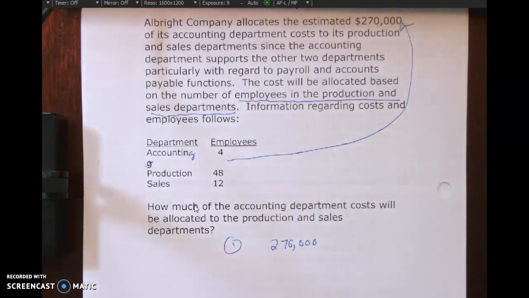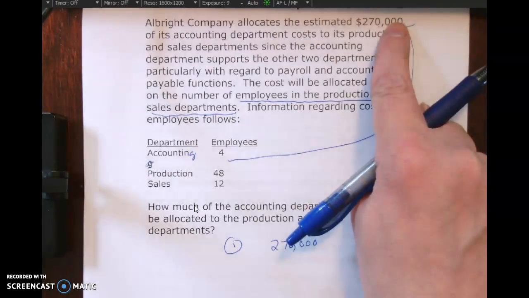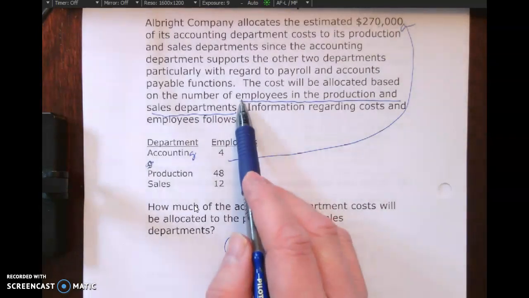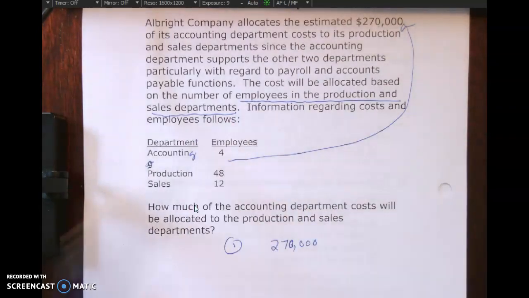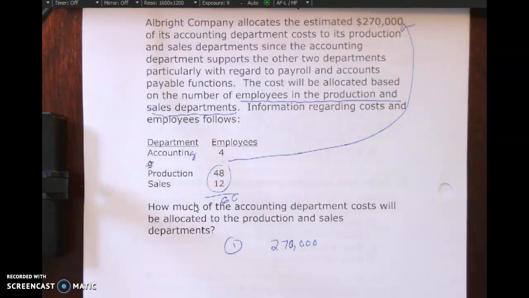Right? And if we think back to what we did with job order costing, we took our estimated overhead divided by our estimated allocation base. In the case of this problem, this represents our estimated overhead. Now we need to think about what our estimated allocation base is. It says the number of employees in the production and sales departments. So if we add these 2 together, we get 60. Okay?